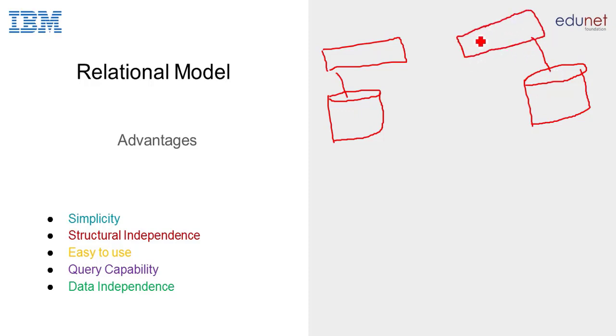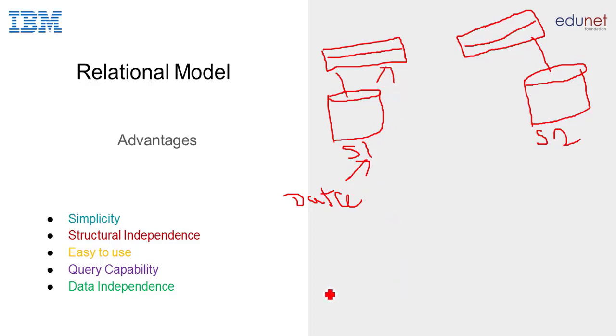The values inside those tables are different. So data independence means both schemas, we call them S1 and S2, are totally independent, because data is accessed using the schema name and table name.